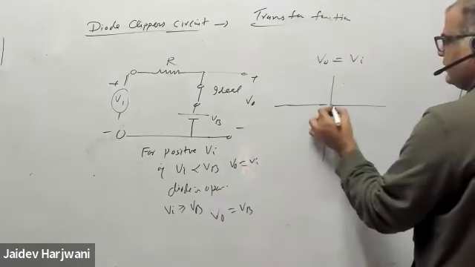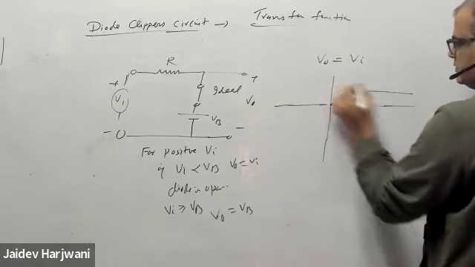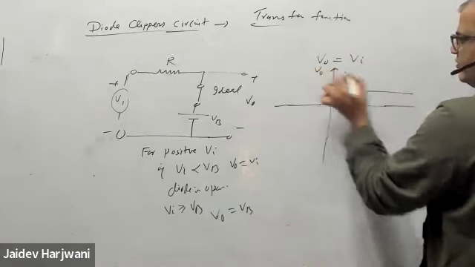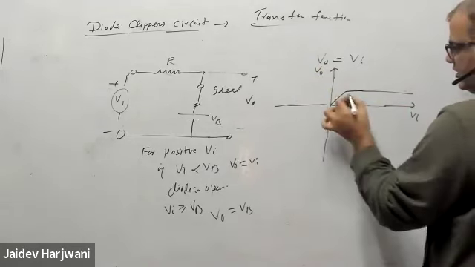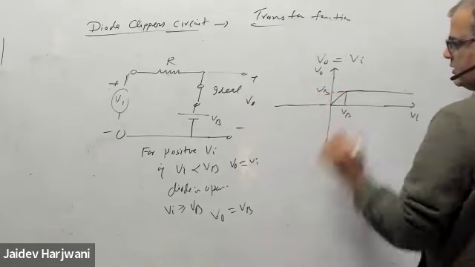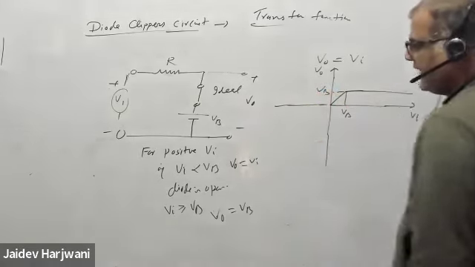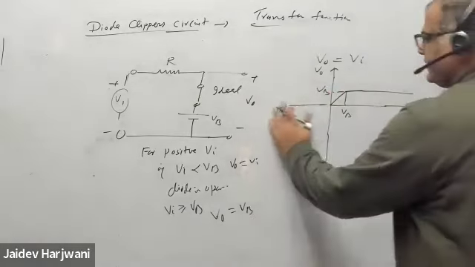So this will go like this. This is your V output versus V input, up to Vb.